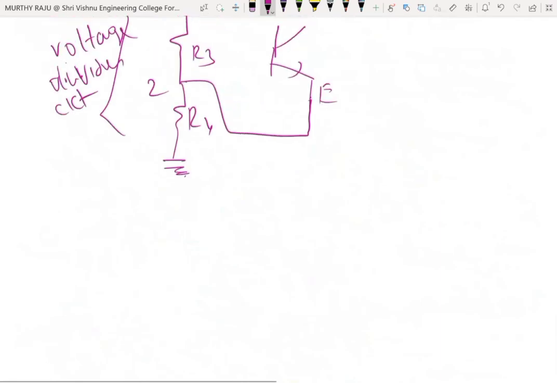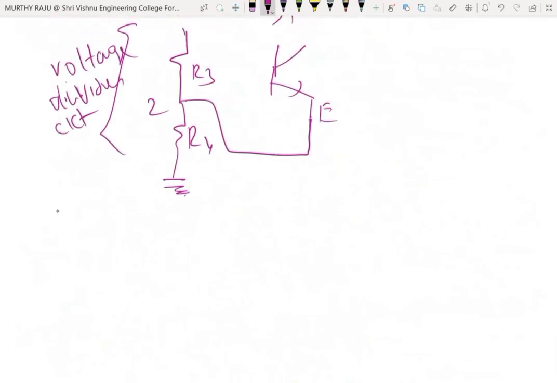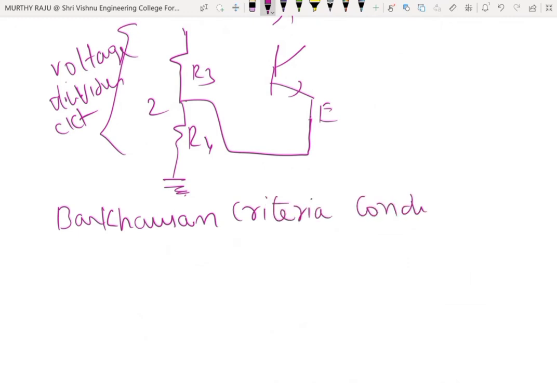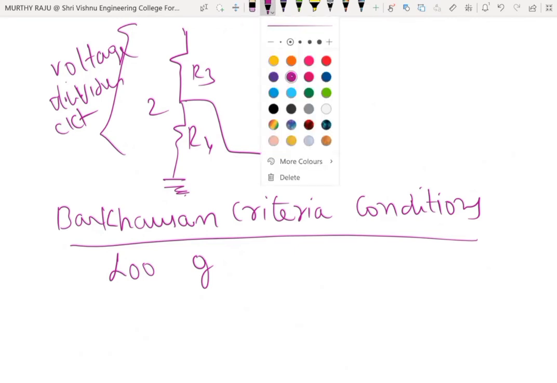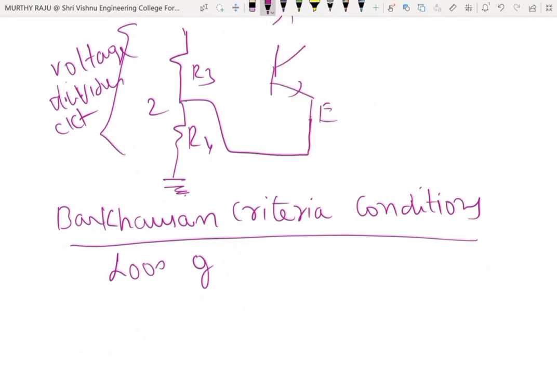Now, Barkhausen criteria conditions. Loop gain A beta is equal to 1.